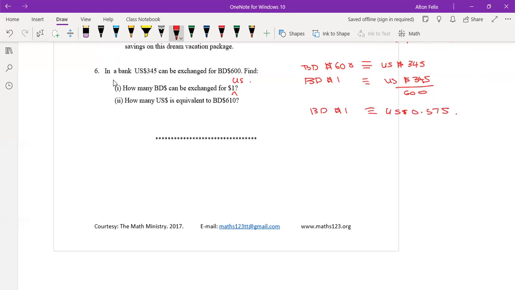So we have answered the first part here. How many US dollars is equivalent to Bajan 610? We can piggyback on the answer in part 1 to figure out the answer in part 2. If 1 Bajan is equivalent to 0.575 US, then Bajan 610 will be equivalent to 0.575 multiplied by 610, and that's US we're talking about here.